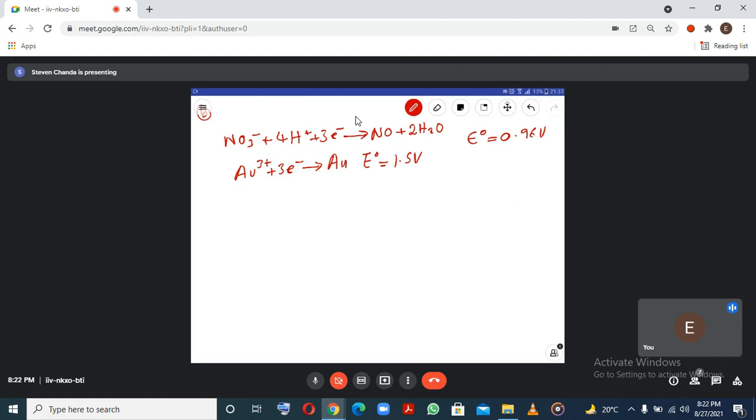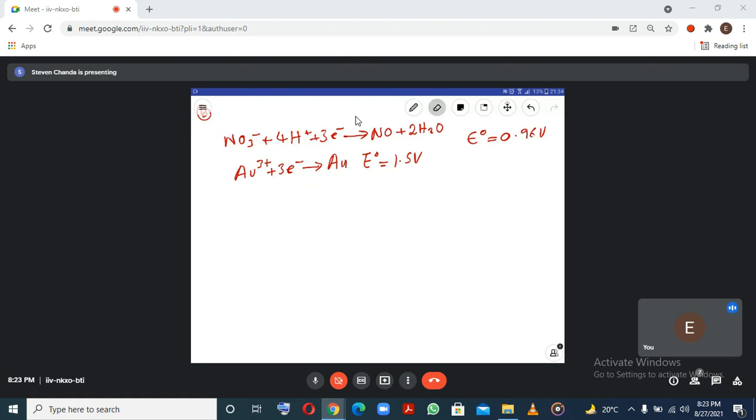But what the question is actually asking us is the other way around, because they're asking us to predict whether one molarity of nitric acid would dissolve metal to form ions. So what they're basically telling us is we are moving from this to this. I hope everyone has understood the question. We are dissolving the gold into this nitric acid to form ions from the metal solid.